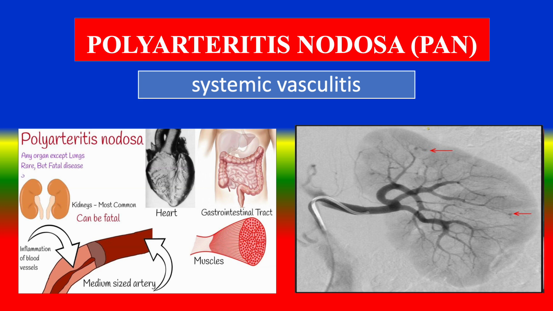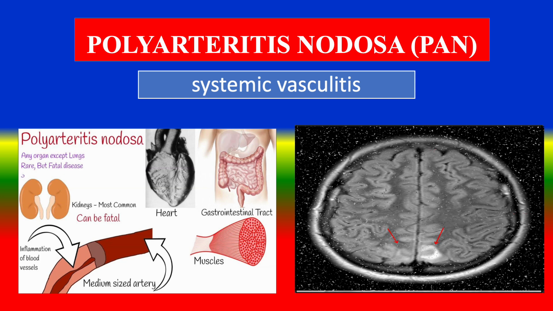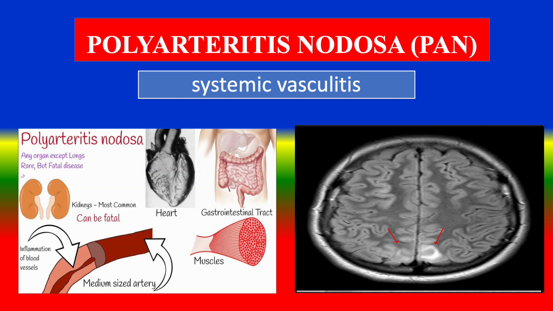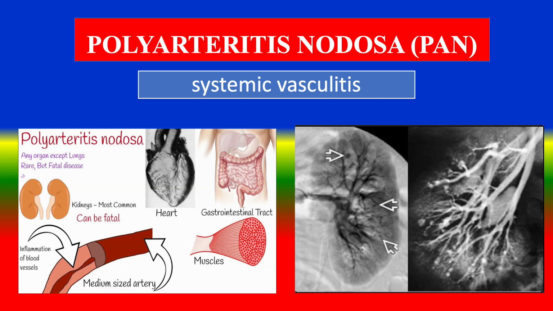Angiography, look at this. Angiography findings, kidney vasculitis, medium sized arteries. Then nervous system, brain, MRI findings, and MRI kidney.